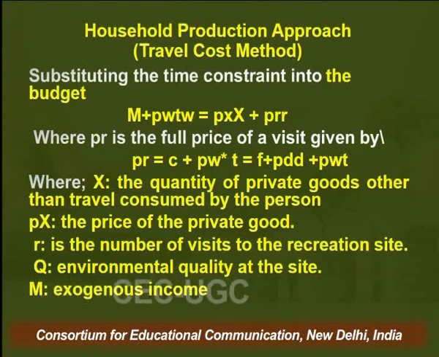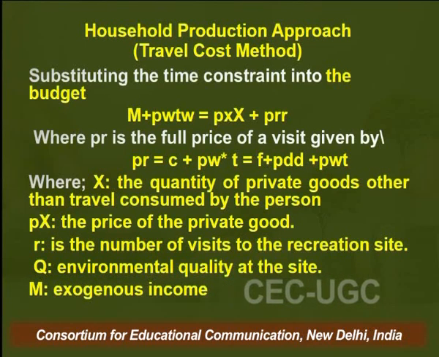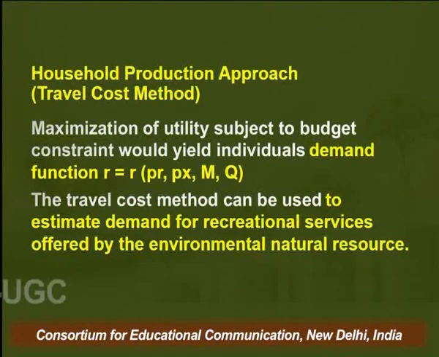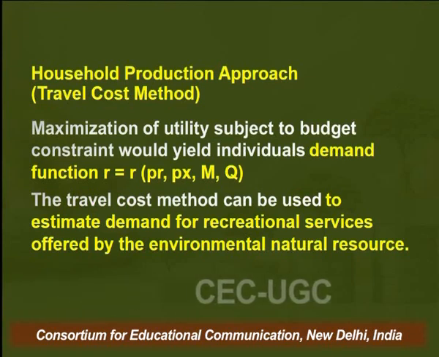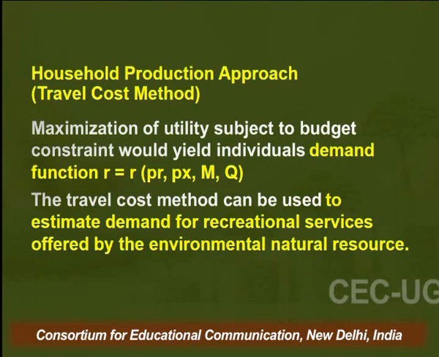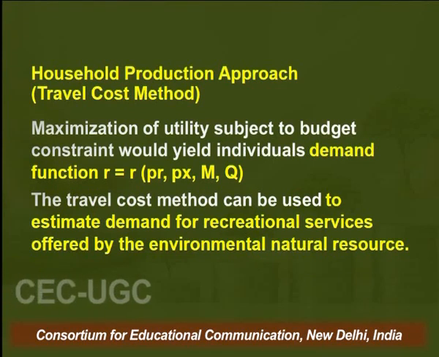When you equate the expenditure side to the money income, that becomes your budget line. Subject to that budget line, you maximize utility, and then you derive the demand function for that particular wildlife sanctuary or national park.